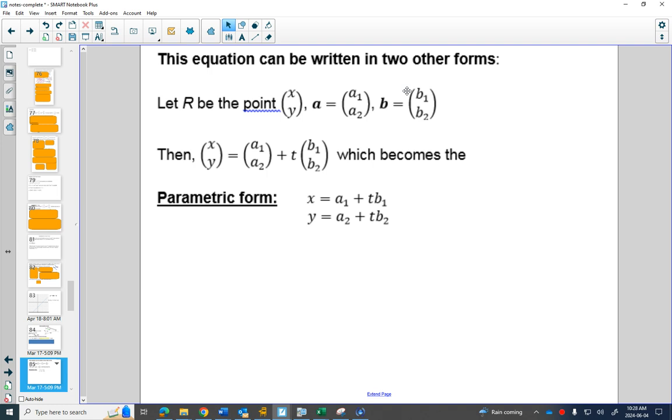You have your starting point, a1, a2, and your direction vector, b1, b2. The parametric form just looks at the components. The x component is a1 plus t times b1. The y component is a2 plus t times b2. This is called the parametric form of the equation of the line.